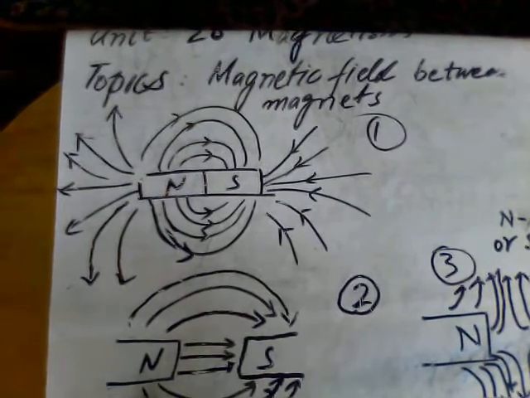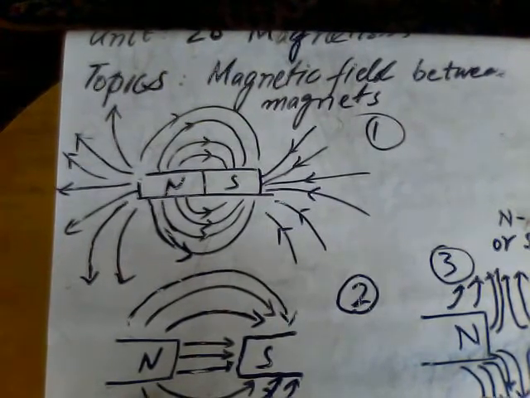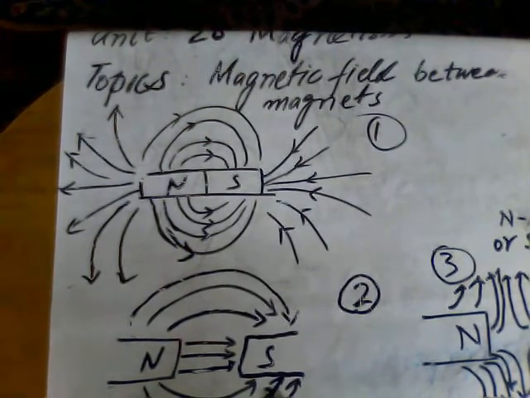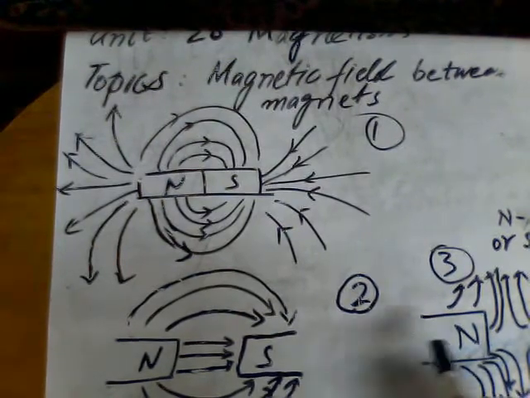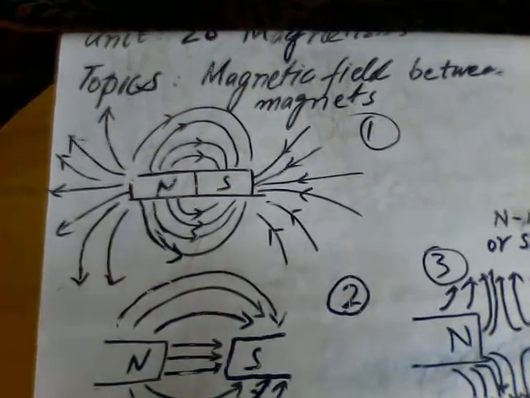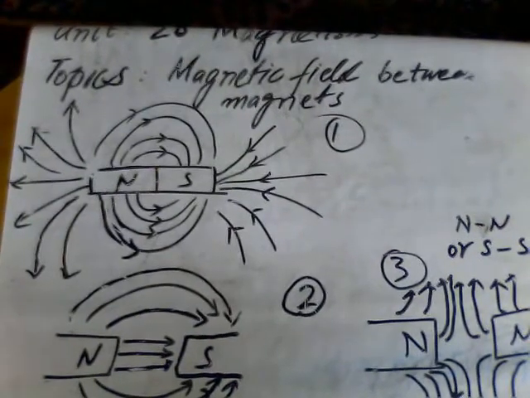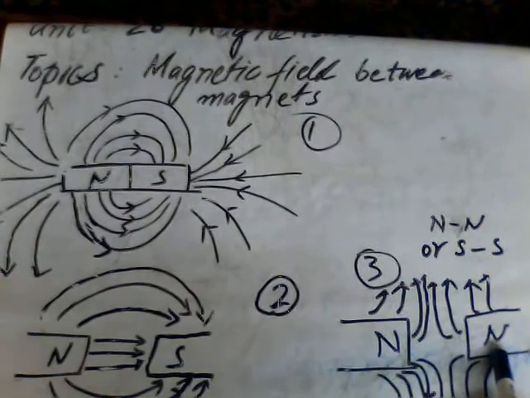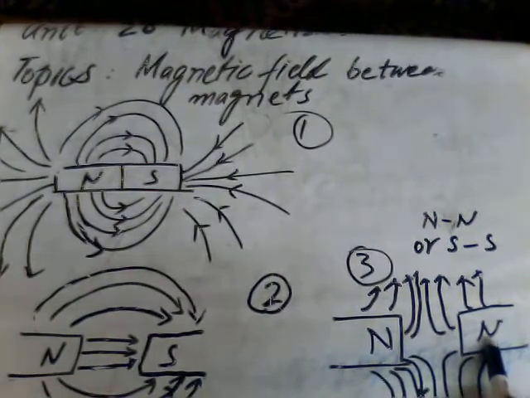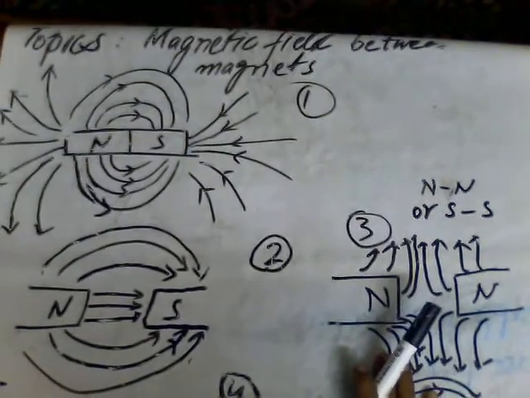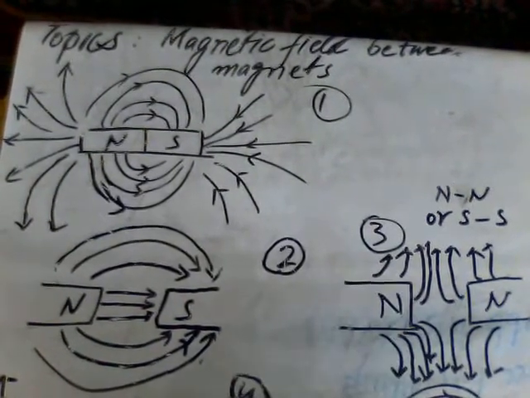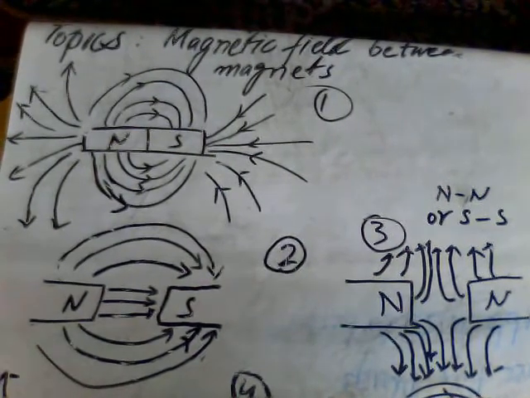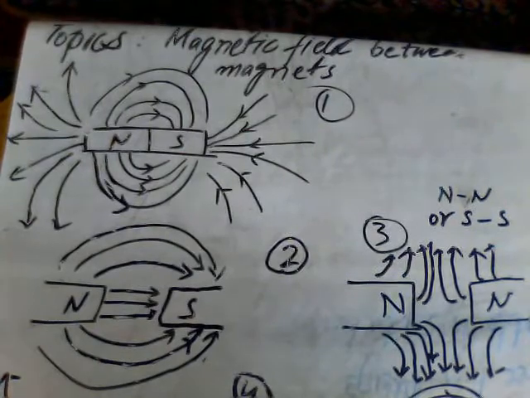The lines of force will start from the north pole and move toward the south. In the third case, north and north, or south and south poles of the two magnets are in front of each other. We studied the properties that same poles repel each other, and opposite poles attract each other.